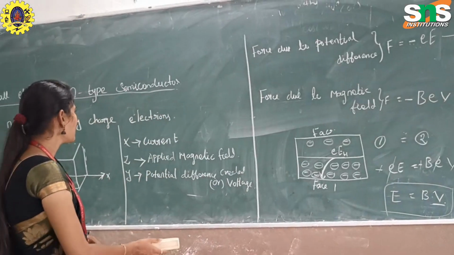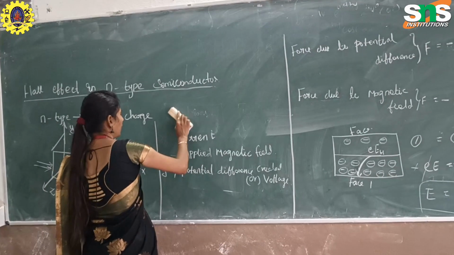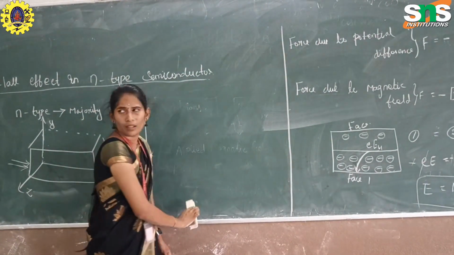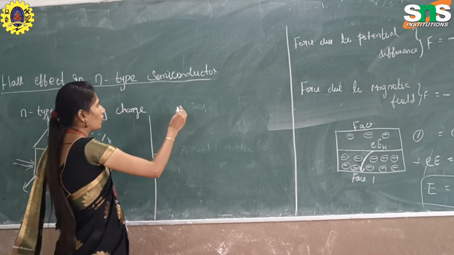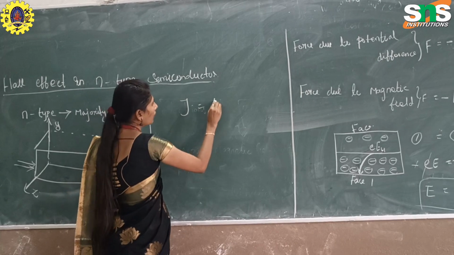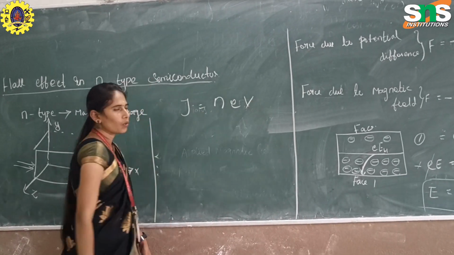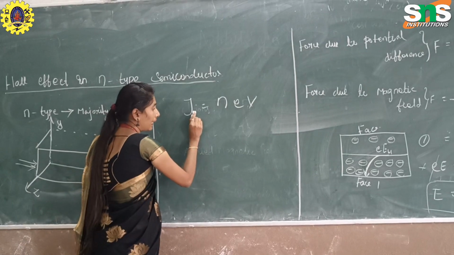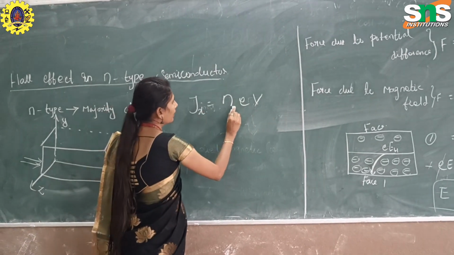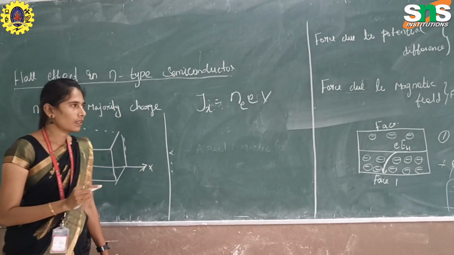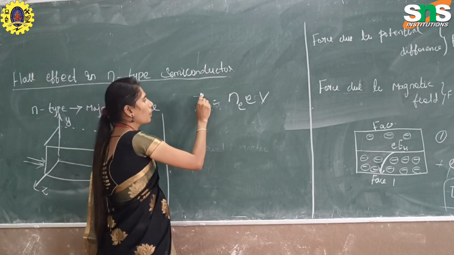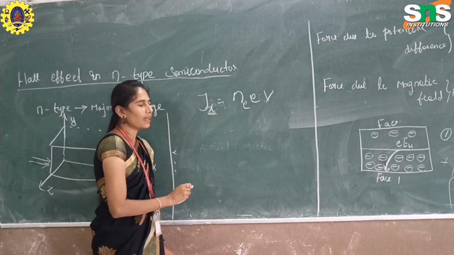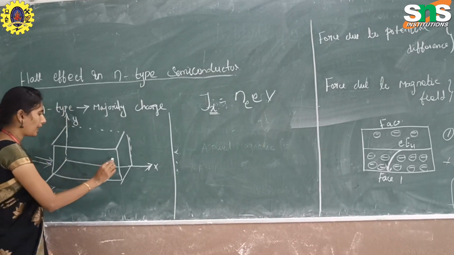So, what is the equation for the current density value? We already know very well about current density. So, what is the equation? J is equal to NeV. In this case, we take it as Jx, equal to Ne V. Jx is the derived value, and x is denoted by the applied electric field in the x direction.